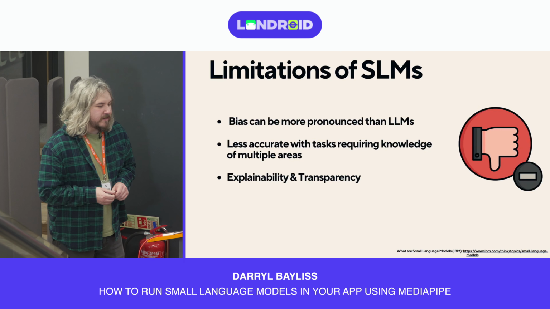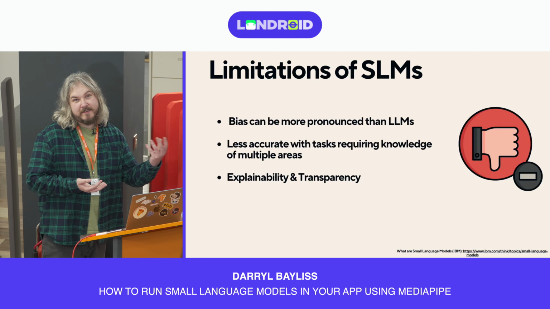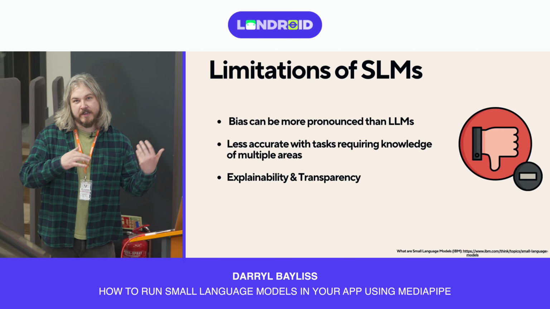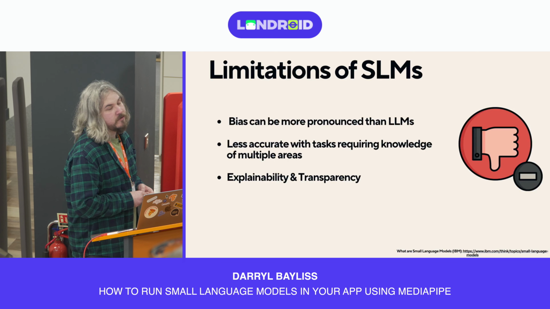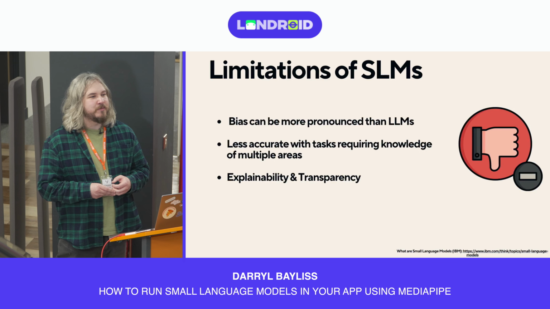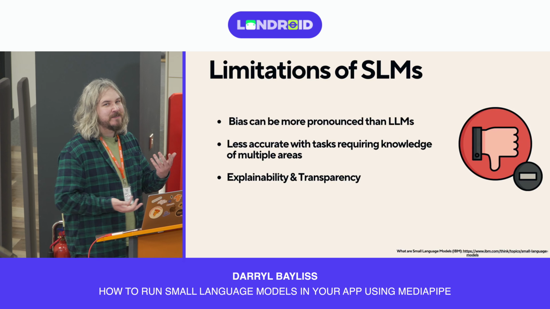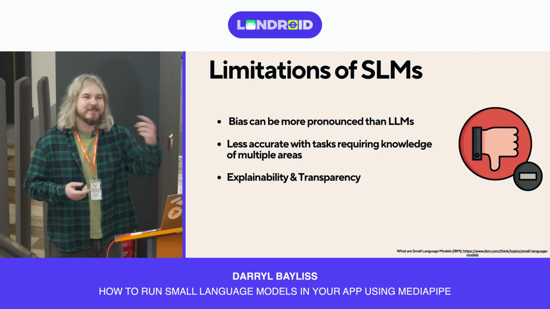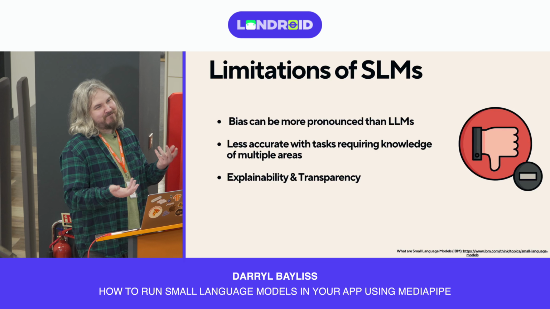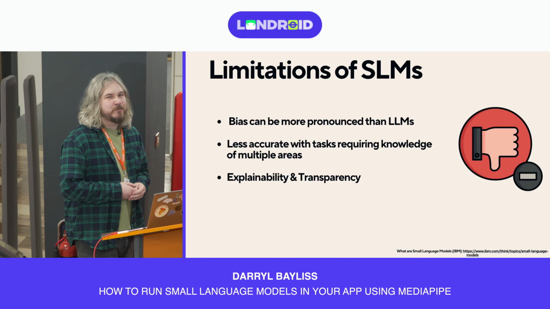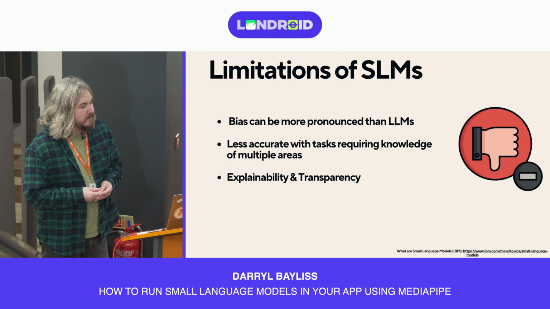If your data set's particularly positive in a certain area, but doesn't necessarily include the negatives, when you start to use it in production or as you're testing, it's going to become increasingly obvious that it's a bit of a nagging salesman, I guess, where it's like, no, this is great, you should do that. Whereas obviously, there are always pros and cons to things. You want something that's a bit more neutral.